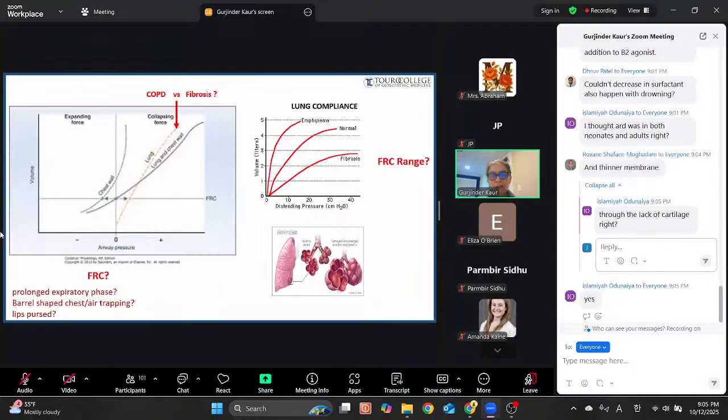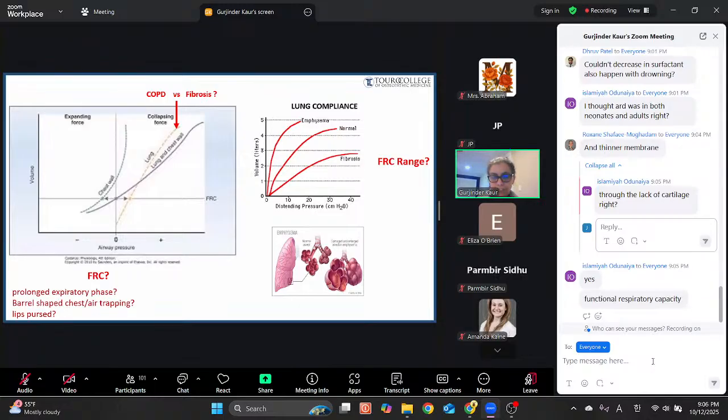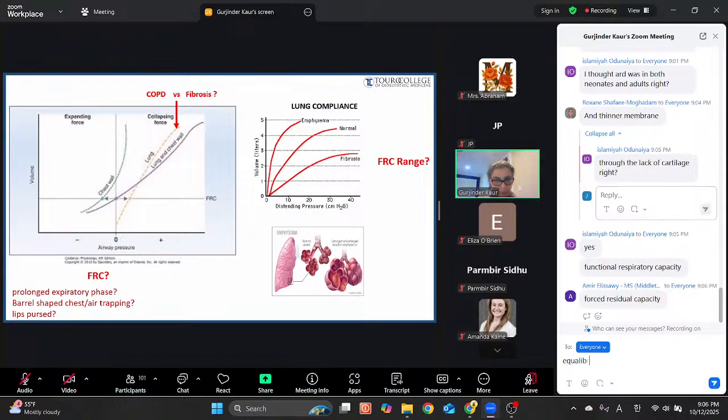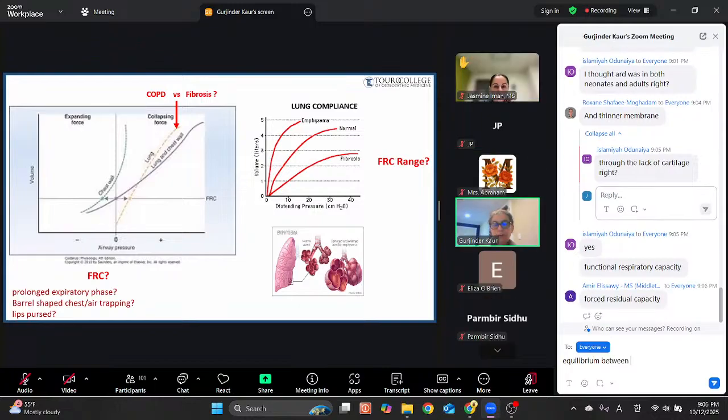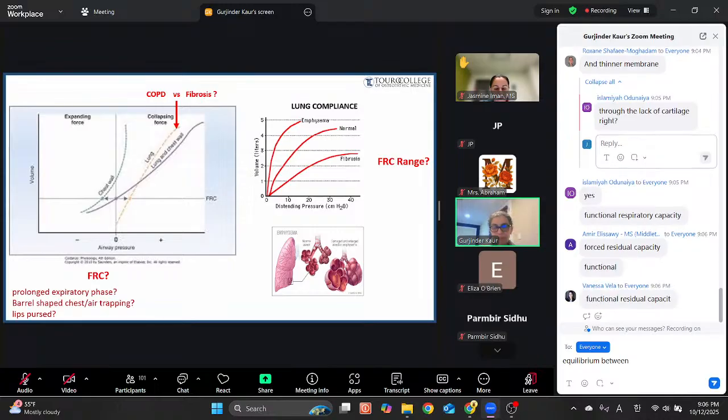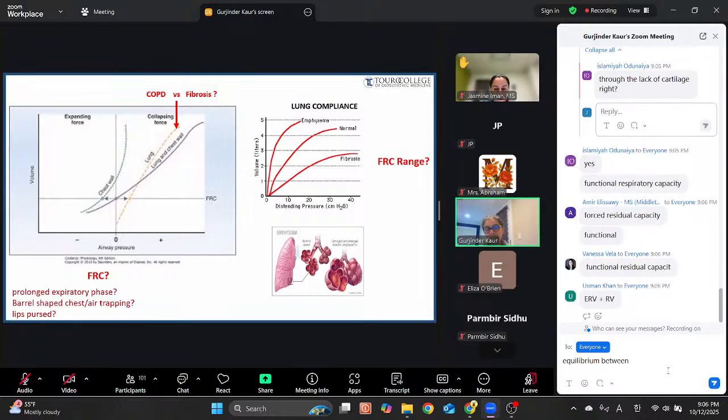Yes. All right. Now, can anyone explain what FRC is? What does it denote? Yes, functional residual capacity. Very nice, Amir. What is it comprised of?